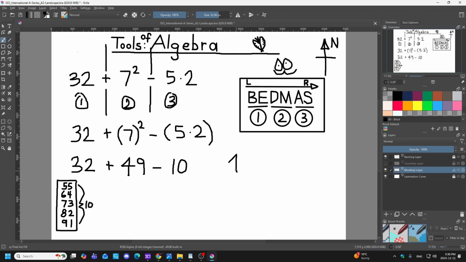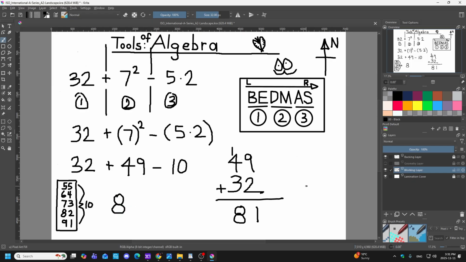So we have 49 plus 32. 9 and 2 is 11. Carry the 1. 4 plus 1 is 5. Plus 3 is 8. We have 81.